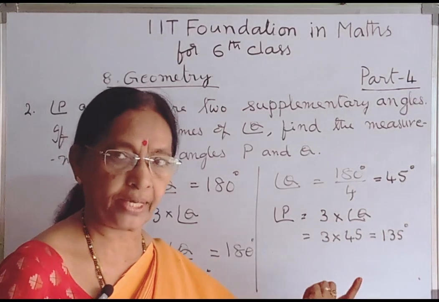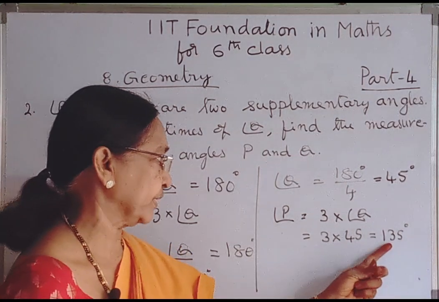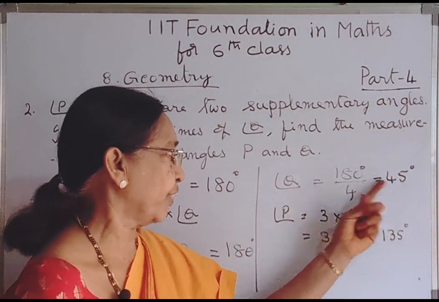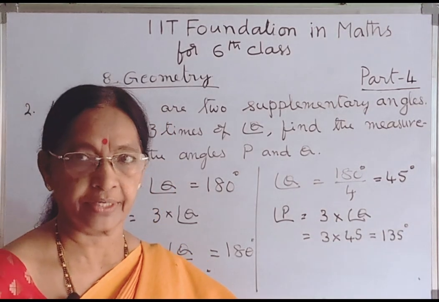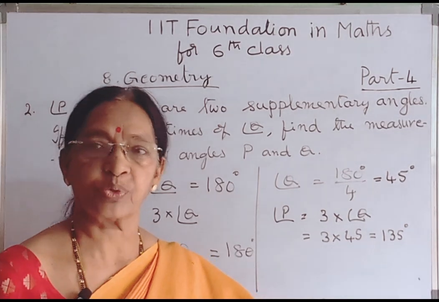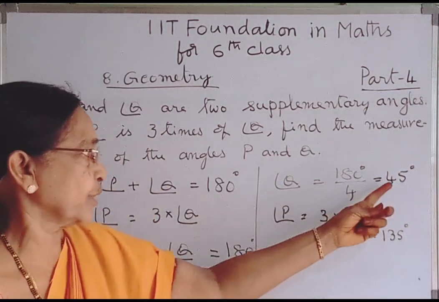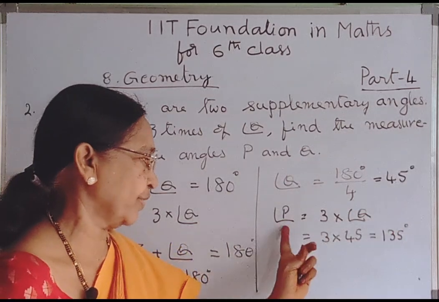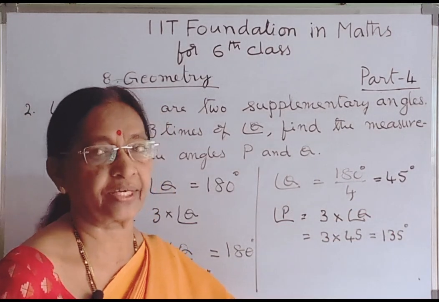The sum of the two angles must be equal to 180 degrees. Therefore 135 for P and 45 for Q. 135 plus 45 is equal to 180. Therefore the sum of the two angles is 180. So they are supplementary, and angle Q is equal to 45 degrees. Therefore angle P, which is 3 times Q, is 135 degrees.